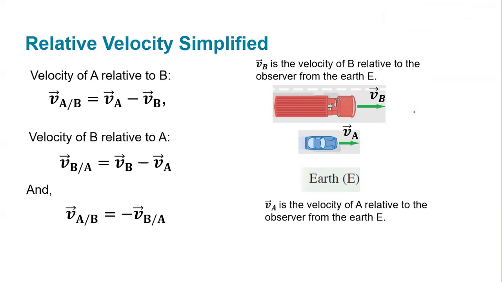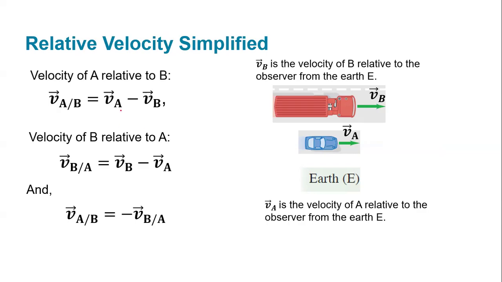Okay, so for example, you have an observer from the Earth, then you have a car which is moving at a velocity with respect to the observer from the Earth VA, and another particle which is moving with respect to the observer from the Earth VB.